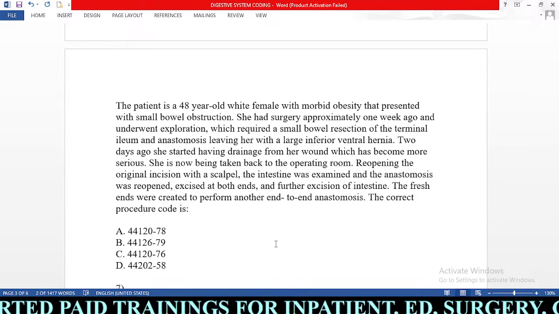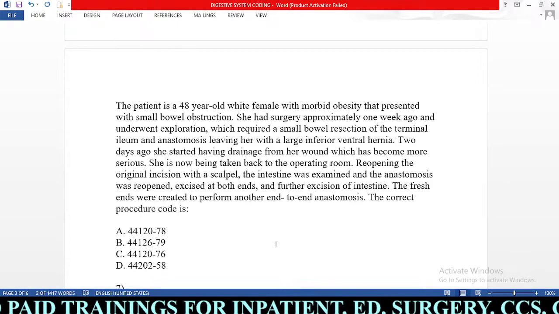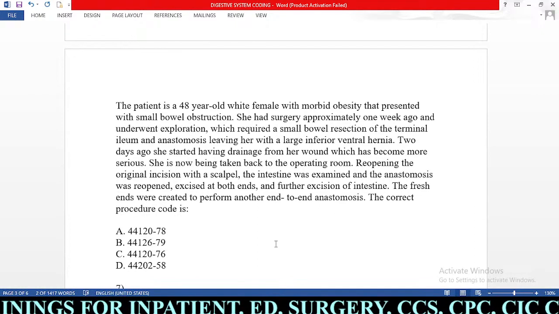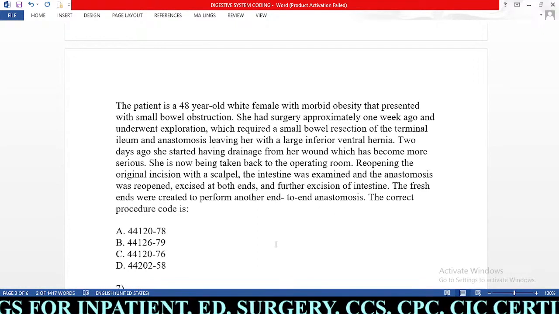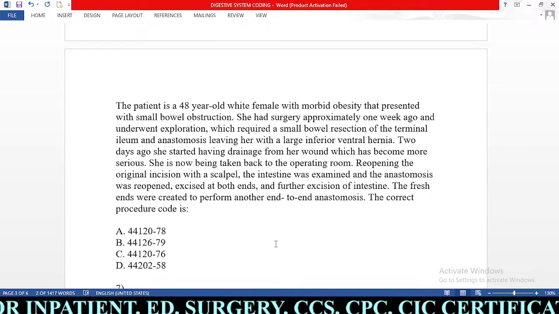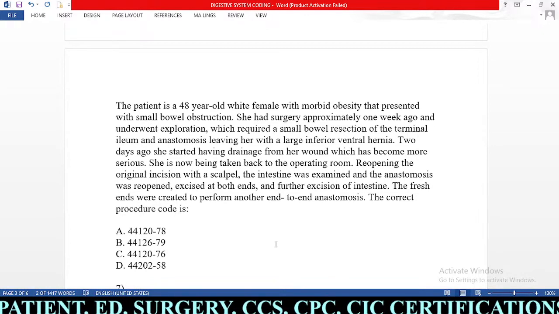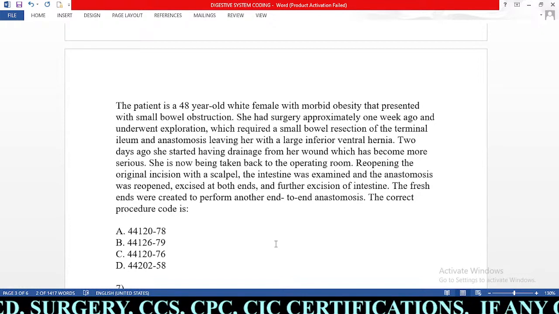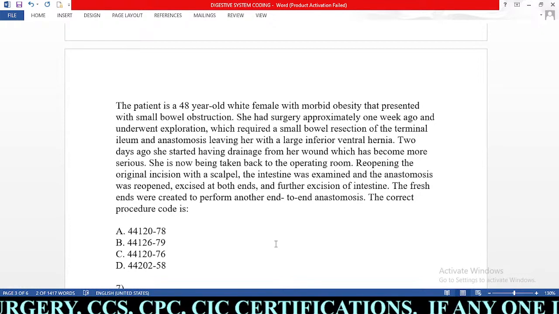So if you are writing CPC or ambulatory surgery coding, try to use your CPT books. If you are perfect with your CPT book, you will save most of your time in the CPC exam.